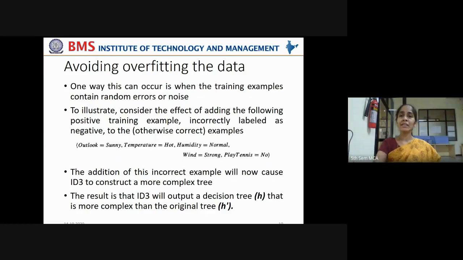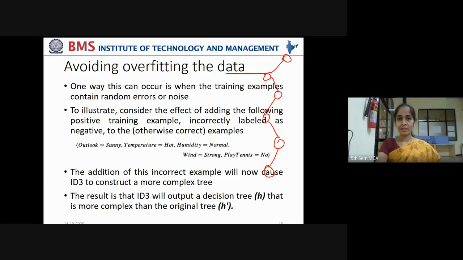In that case, the tree has to be grown in order to give better and pure classification. What happens here? The complexity in the tree is increasing in order to accommodate even the noise in the data, even the outliers in the data. Means every possible combination it is considering. Then do we call it an optimal decision tree? We call it a decision tree, that's all. But we don't call it an optimal decision tree.